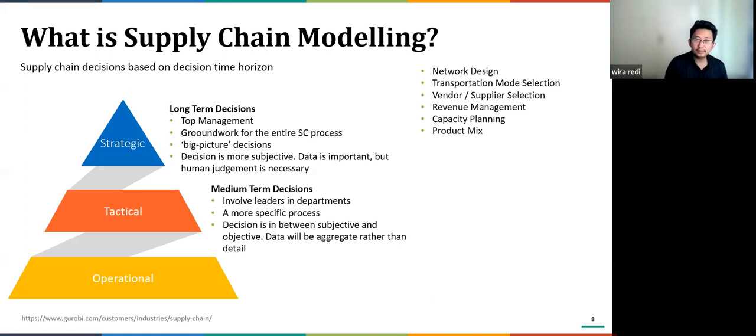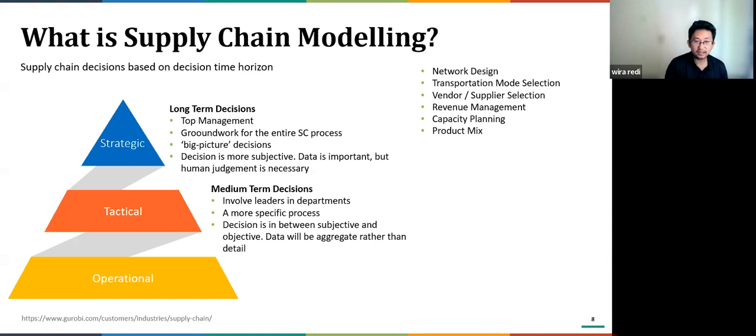For example, this decision will be about inventory. Which product should we have more of in our warehouse, which product should we have less of. So you need to do inventory management analytics. Then you can decide later, okay, this product will be stored more, this one will be less, but that will be done periodically, not daily, right?